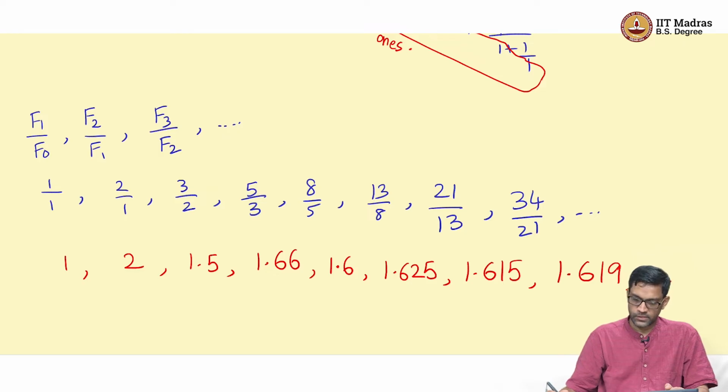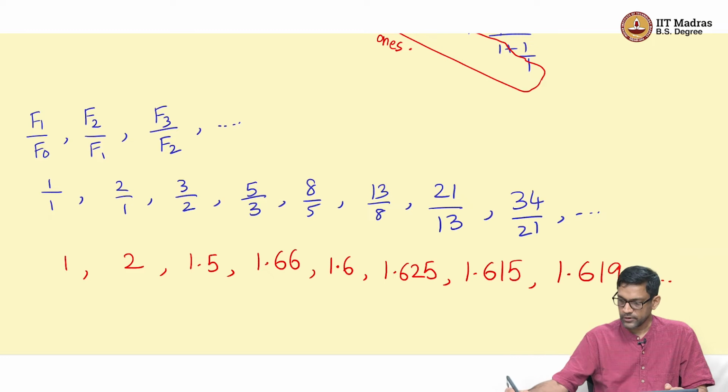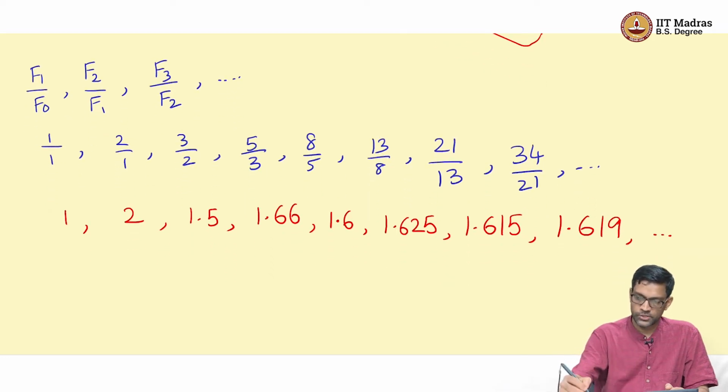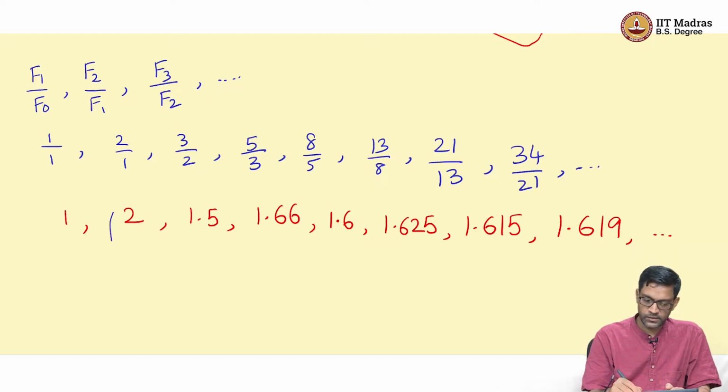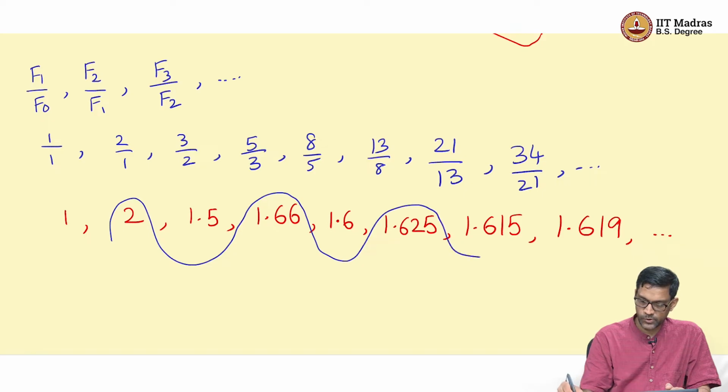You notice the following feature, that the terms oscillate in value. If you look at these ones, 2 is more than 1.66, more than 1.625, more than 1.619 and so on.